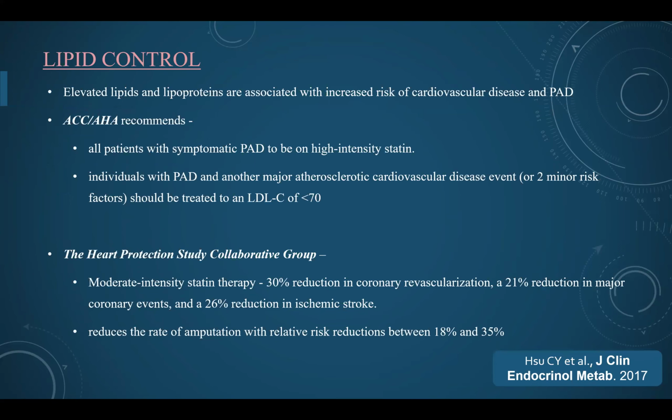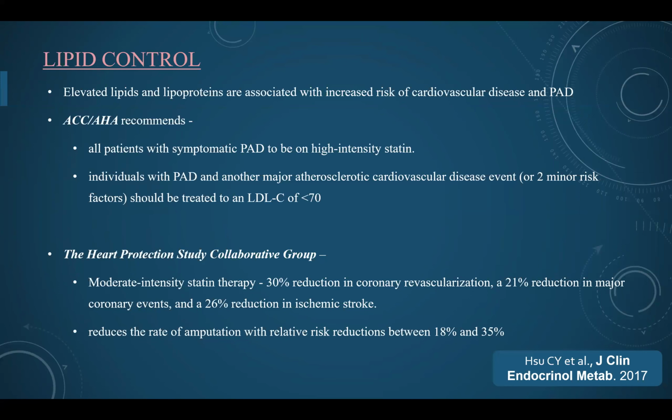Coming to lipid control, the elevated lipids and lipoproteins are associated with increased risk of peripheral arterial disease. According to AHA recommendation, all patients with symptomatic PAD should be on high intensity statin, and individuals with PAD and another major atherosclerotic cardiovascular disease should be treated so that the low density lipoprotein C is less than 70 mg/dL.